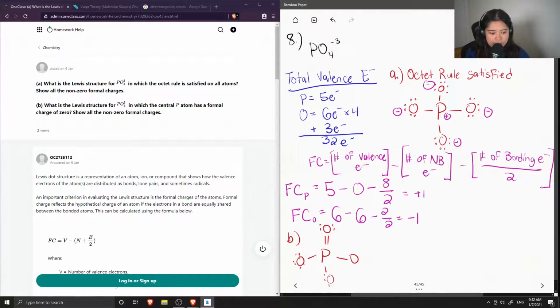So now all of these oxygens still have a -1 charge because they didn't change.